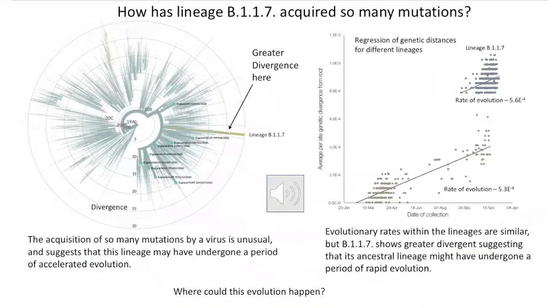One important question remains about the evolution of lineage B117, and this is, how did B117 acquire so many mutations in such a short time? Is it because it can evolve faster than the other lineages?